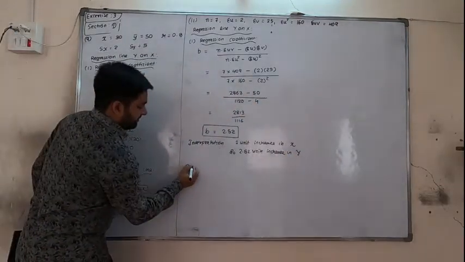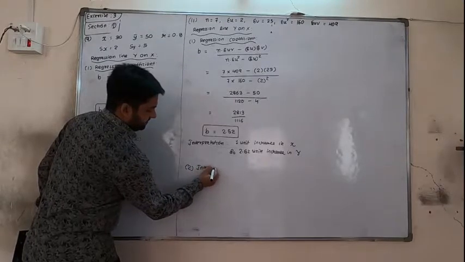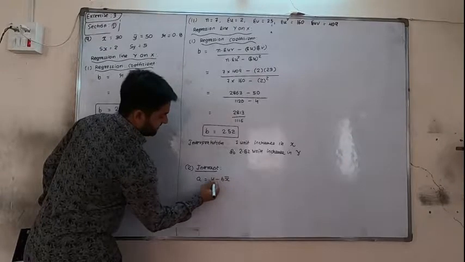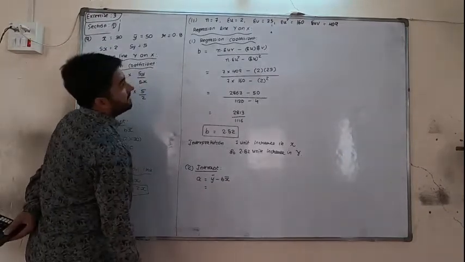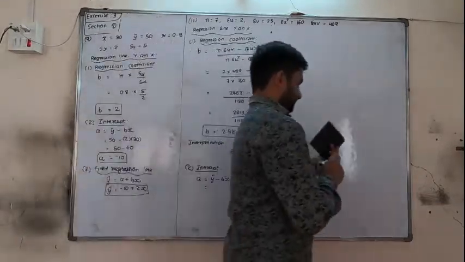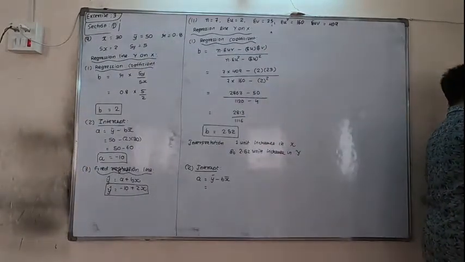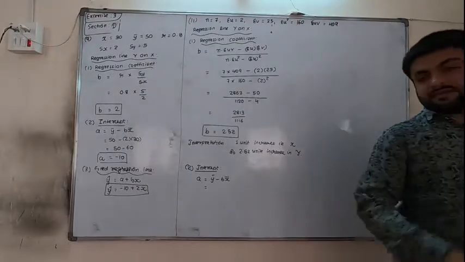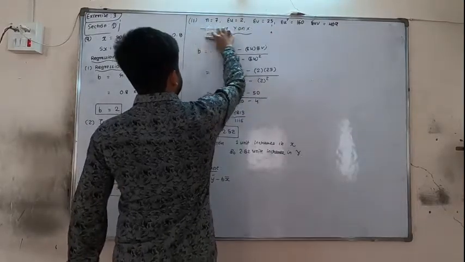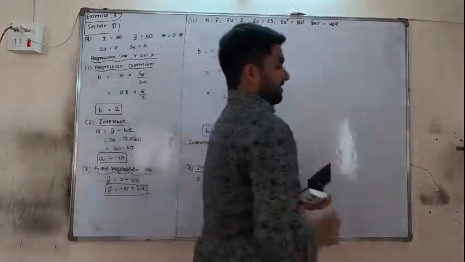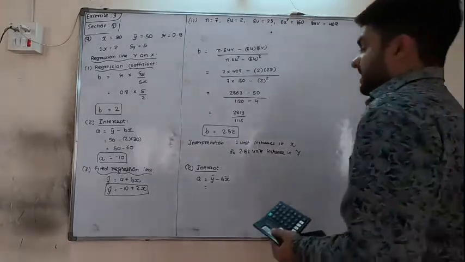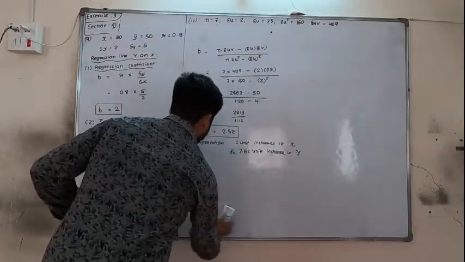Okay. Now second step, intercept A, y bar minus b x bar. Y bar is... okay, sorry friends, we don't have to obtain this regression line. We have to just obtain the regression coefficient.